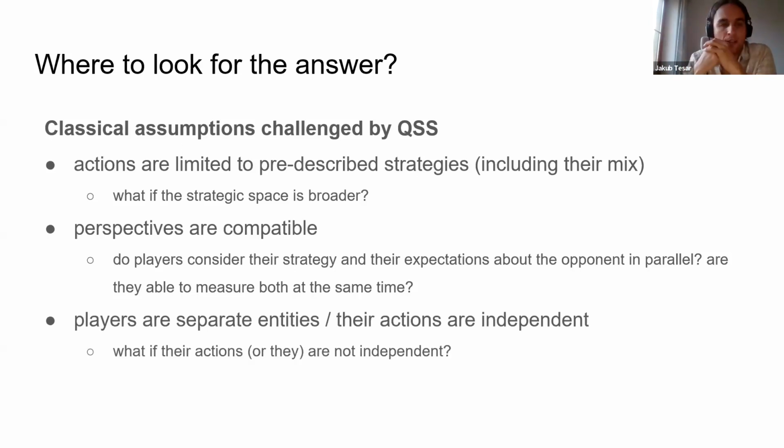But we can ask what if their actions are actually not independent. So they are somehow entangled. We may use this concept. Okay, so these are only some ideas that suggest that quantum game theory may have some answers to the challenge of this study.